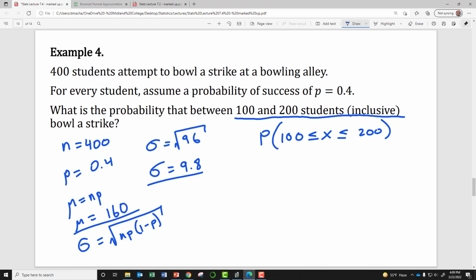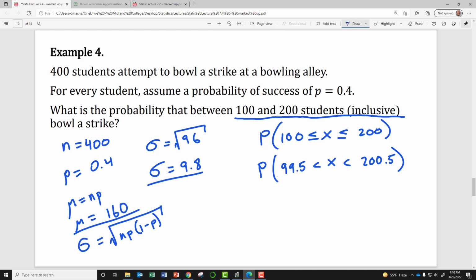So if x is equal to 200 or x is equal to 100, I'm counting that as part of my win. Okay, so finding this probability, as I convert it to the normal approximation, I'm going to have to subtract a half from the lower bound and also add a half to my upper bound, like this.